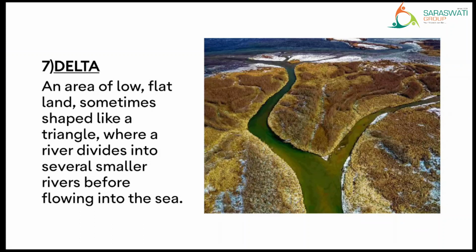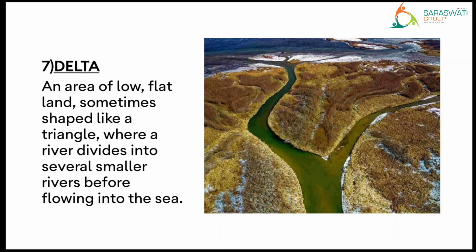In the picture you can see the green color, that is a river. It is flowing, and then this river is branched into two different streams. One goes towards the left, the other one towards the right.